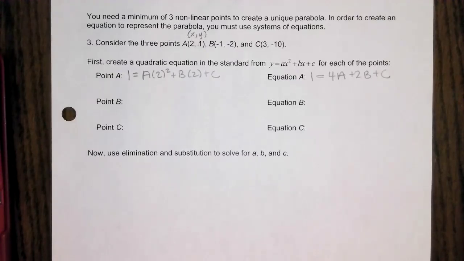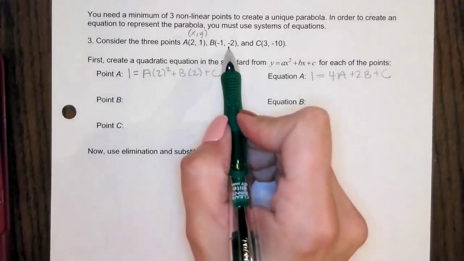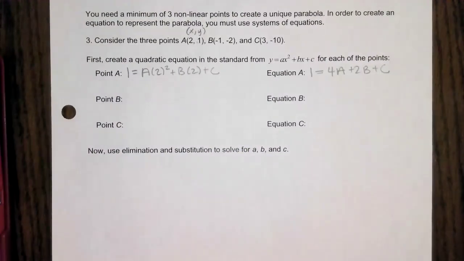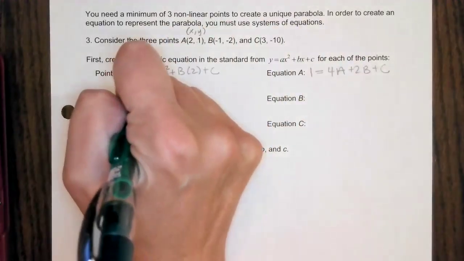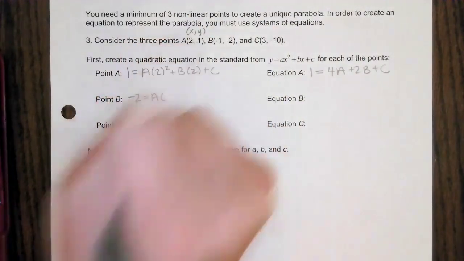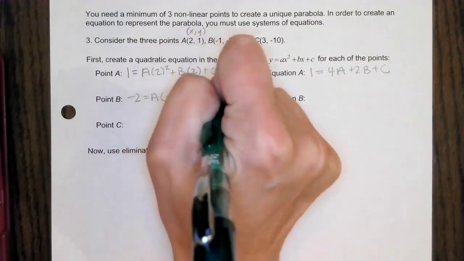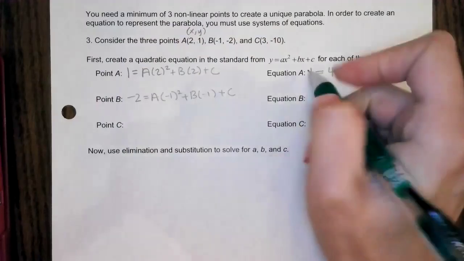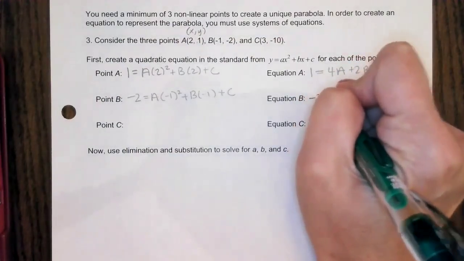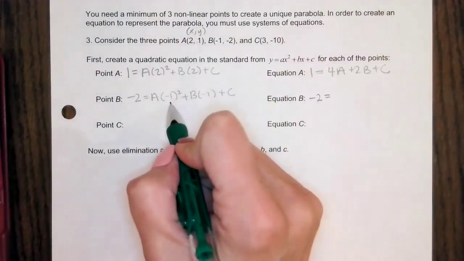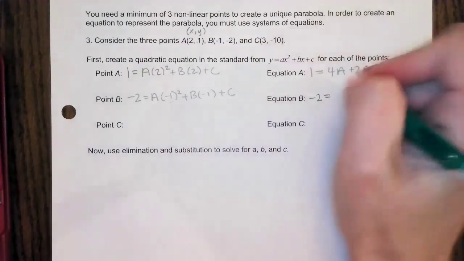Now we learned when we did systems that when you have 3 variables, you need 3 equations. So we have to do the same thing for the second and third point so that we do have 3 equations in order to do this. So I'm going to plug in my -2 for the y and my -1 for the x. And so now we simplify for my second equation, and I get -2. -1 squared is 1.